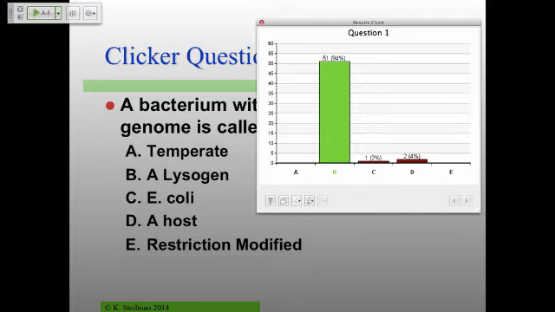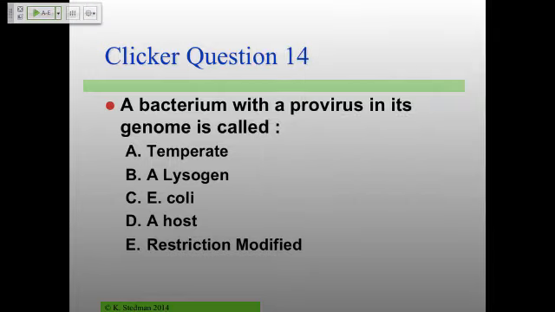The way that restriction endonucleases work is that they will cleave 99% of the time non-methylated DNA. So if the virus comes inside the cell and it's non-methylated, it'll be chopped up by restriction endonucleases. Once you're a provirus, of course, you're in the genome and you get methylated by the normal cellular methylation processes. So there is method to the madness on some of these questions.